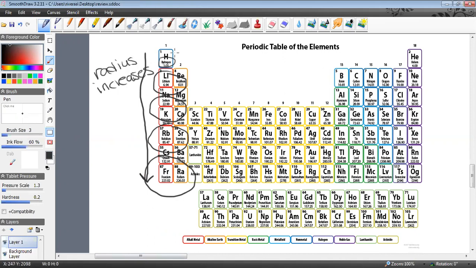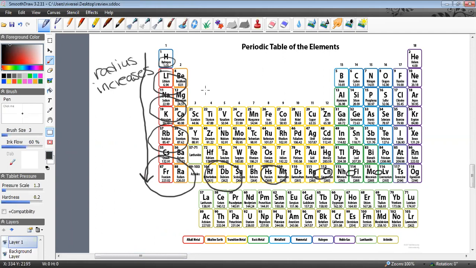And having just talked about electron configurations, the 1s, the 2s, the 3s, the 4s, the 5s, and so on, it should make sense that that radius is getting bigger. And when we go across the periodic table, radius gets progressively smaller.